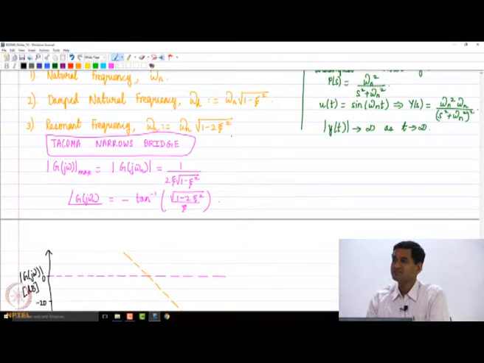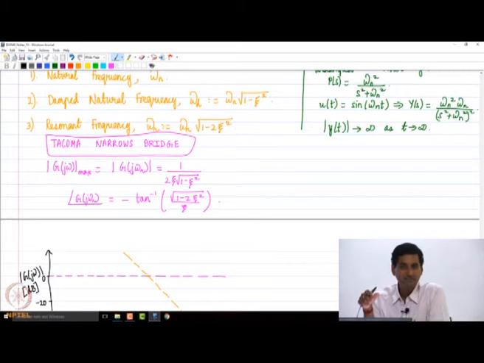So as zeta increases from 0, what do you think will happen to this resonant frequency? Will it go towards the left of omega n, further to the left? Yes, because as zeta increases, you see that 1 minus 2 zeta squared decreases.